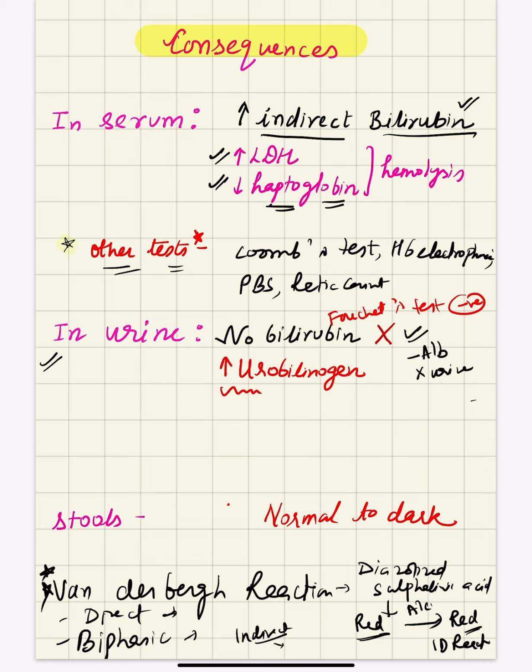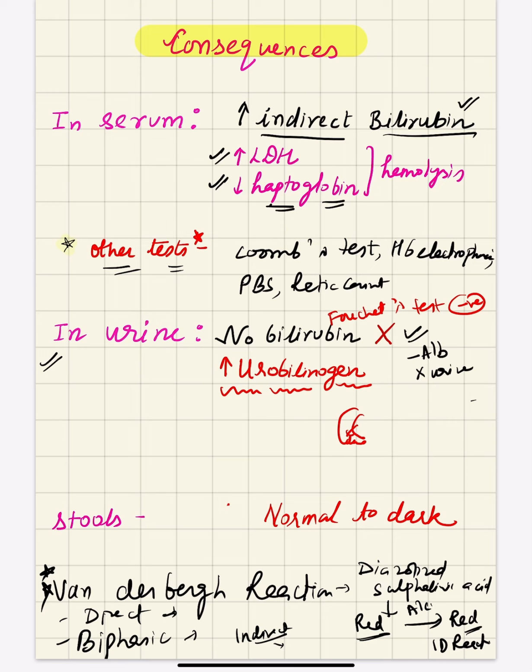Then the second thing is that the urobilinogen will be increased, because the liver is still trying to conjugate the bilirubin. Although the capacity of the liver is limited, still some amount of conjugated bilirubin is being formed. That will reach the duodenum, and in the intestine urobilinogen and stercobilinogen will be formed.